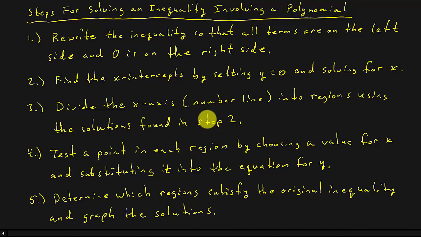Divide the x-axis into regions using the solutions found in step 2. So we're going to make a number line and break it up into however many regions we need. That'll all make sense when we start working the problem. Test a point in each region by choosing a value for x and substituting it into the equation for y, and then determine which region satisfies the original inequality and graph the solutions.